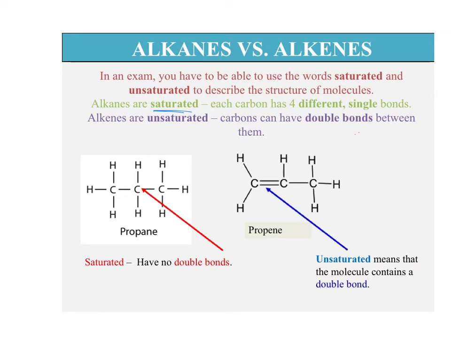Okay, so saturated is for single bonds. Unsaturated is when you've got double bonds. So we say that our alkanes, such as propane, are saturated, whereas propene has got that double bond, unsaturated. Make sure, if you're not too sure about those keywords, you write them down now, because you need to be able to apply them in an exam situation.